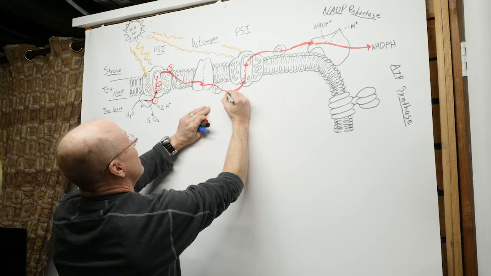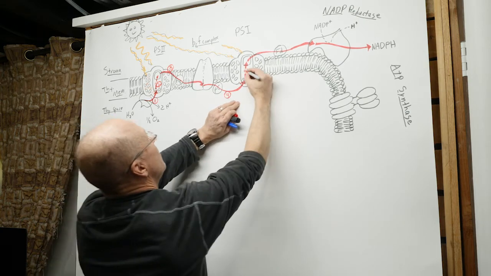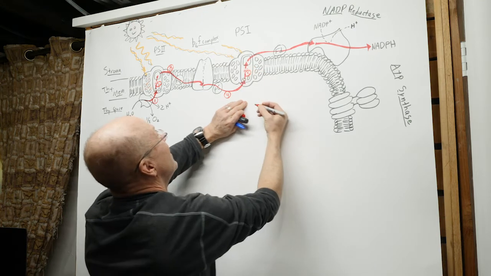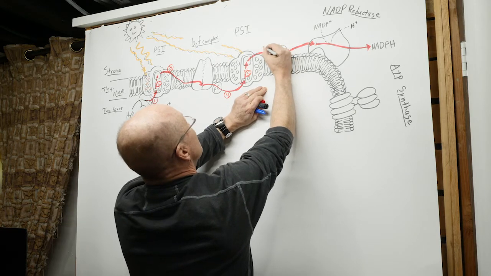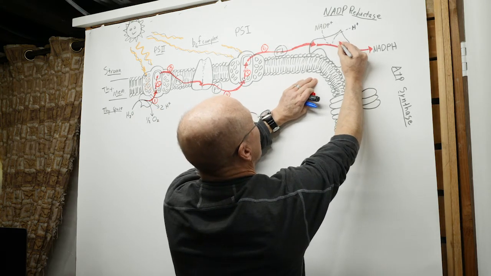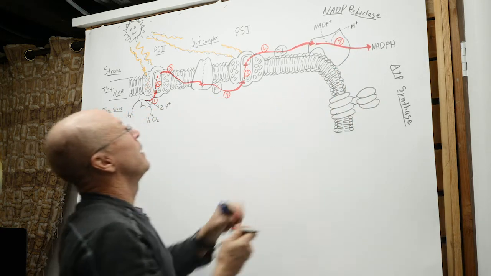This one here is number 4. This one here is number 5. This one here, number 6. This final one here, number 7. Okay.